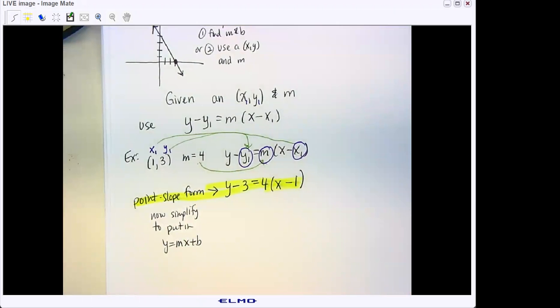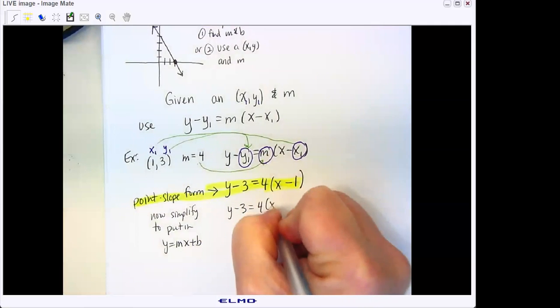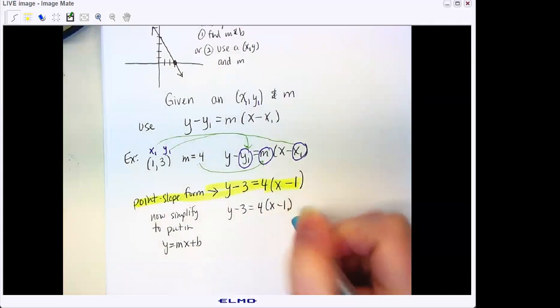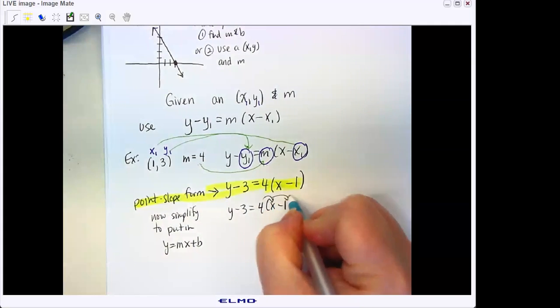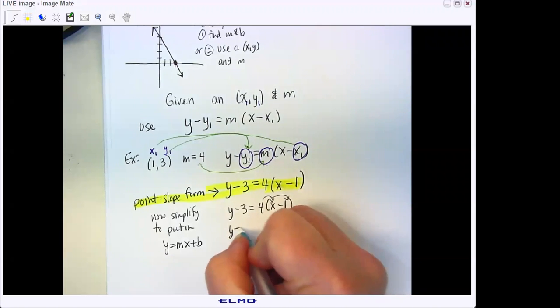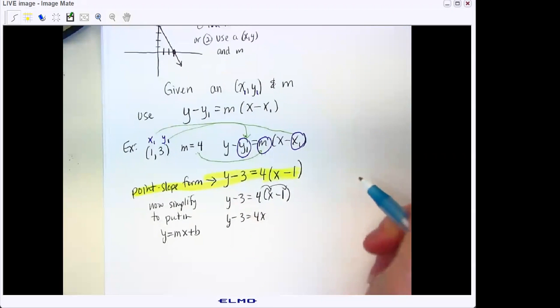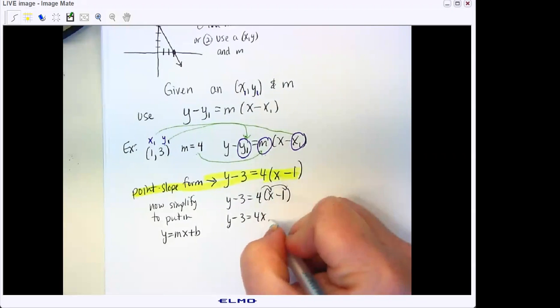You distribute. Yeah, thank you. A couple people put it in the chat box. So if I say y minus 3 equals 4 times x minus 1, and I distribute, I wrote it again so that in the notes you could have it differentiated. So y minus 3 is equal to 4 times x is 4x, 4 times negative 1 is minus 4.